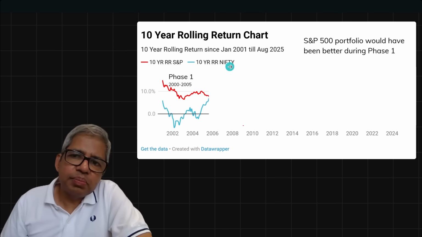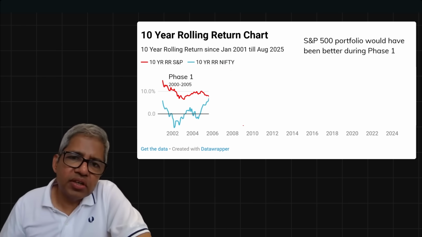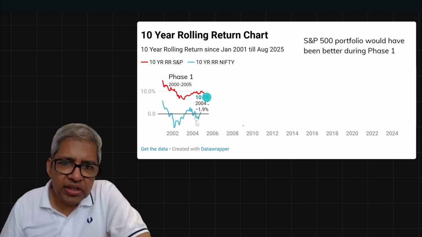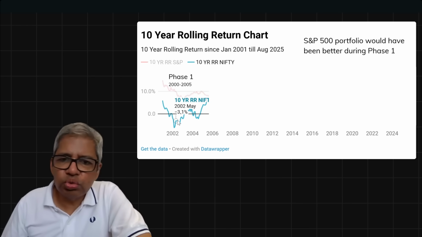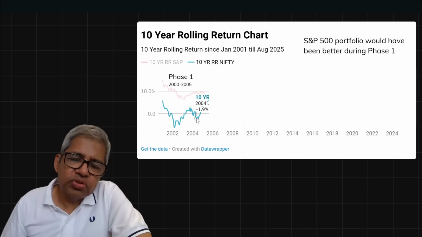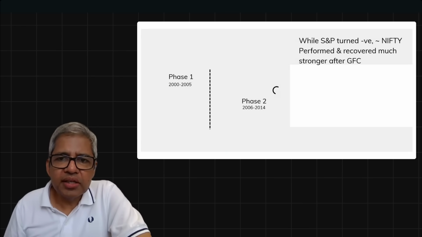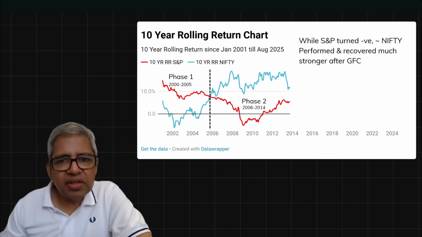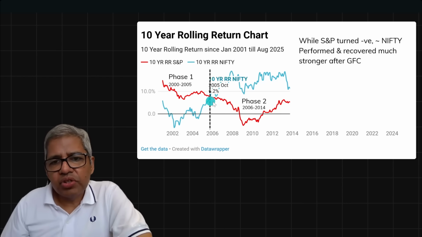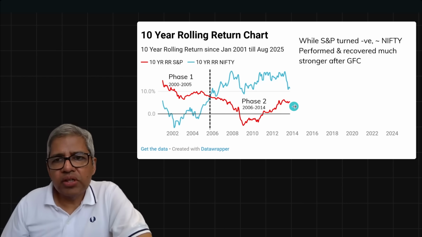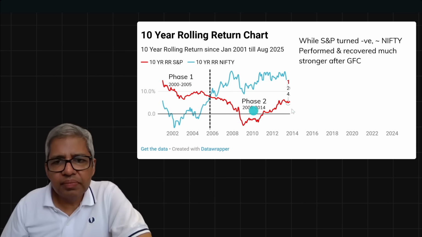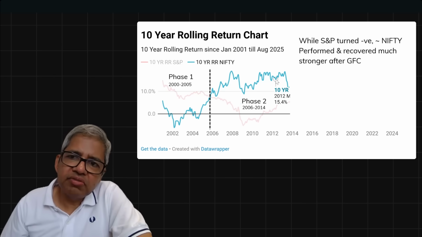You would find that the S&P 500 portfolio would have done better during phase 1, while Nifty had its challenges in 2002 to 2003, and of course in 2004 as well. In phase 2, S&P 500 started to decline, and till almost 2014, Indian markets did well.